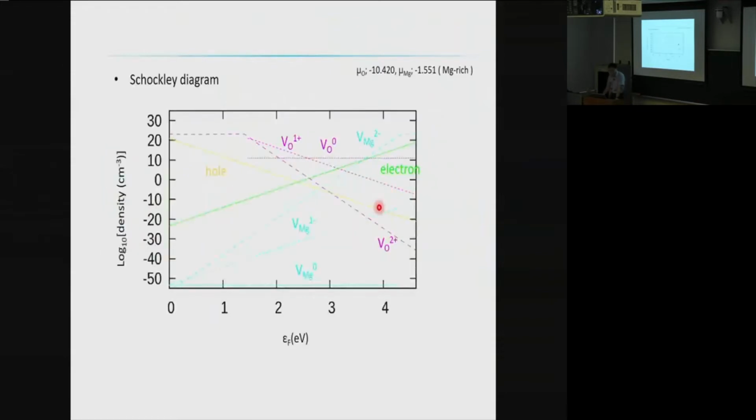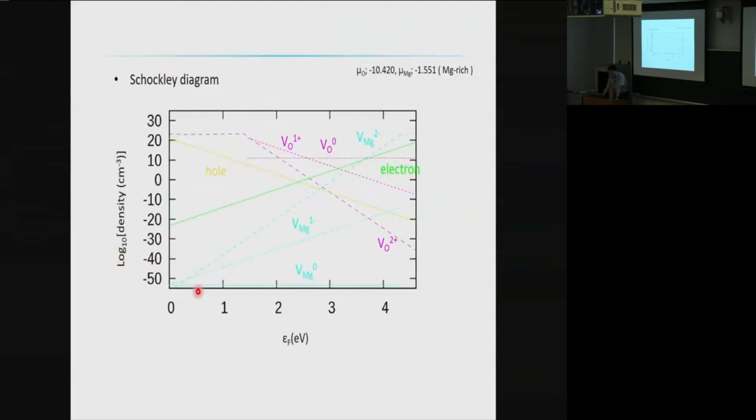All right. So you can calculate the defect density, the hole and electron density, and each charge state of the defect, of the oxygen vacancy and the magnesium vacancy, and all this. This diagram is called the Shockley diagram.